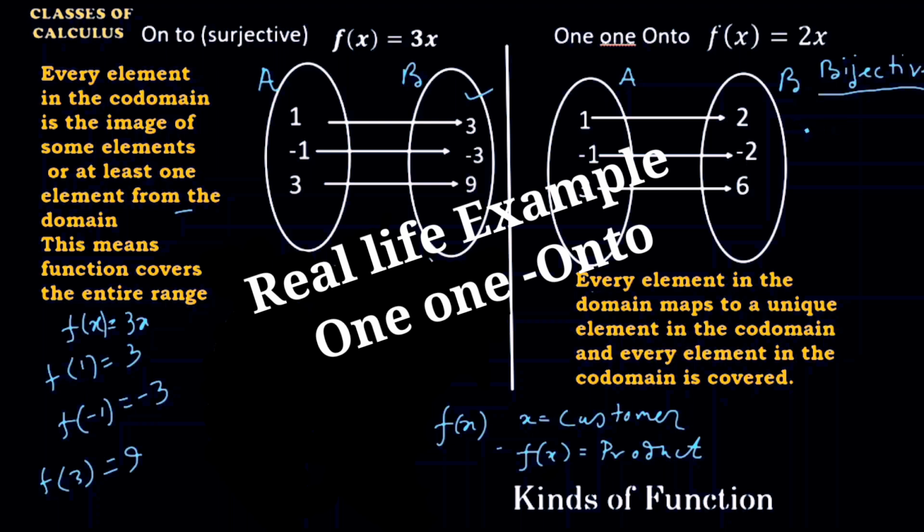So if f(x) represents the function that assigns a locker to a student, then it is bijective because no student can share a locker and no locker will be left unassigned. So these are some real life examples.